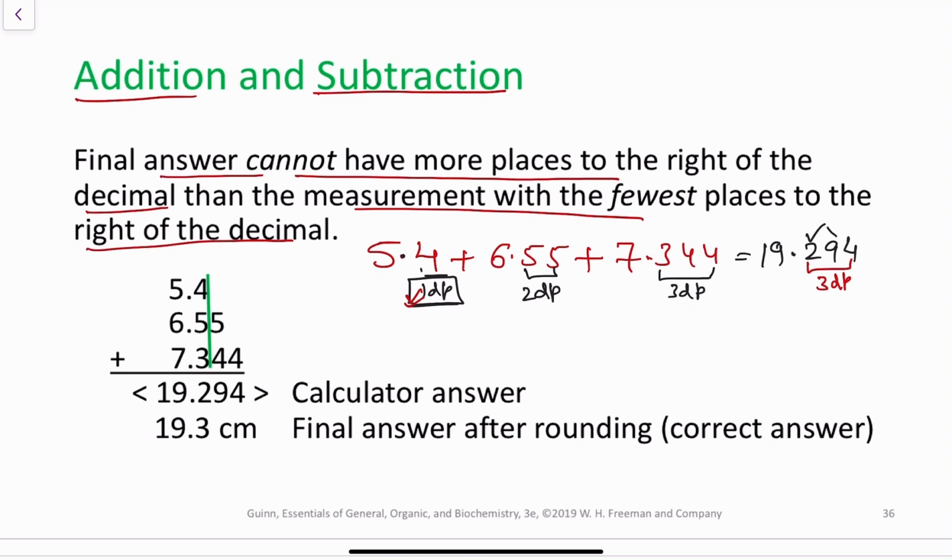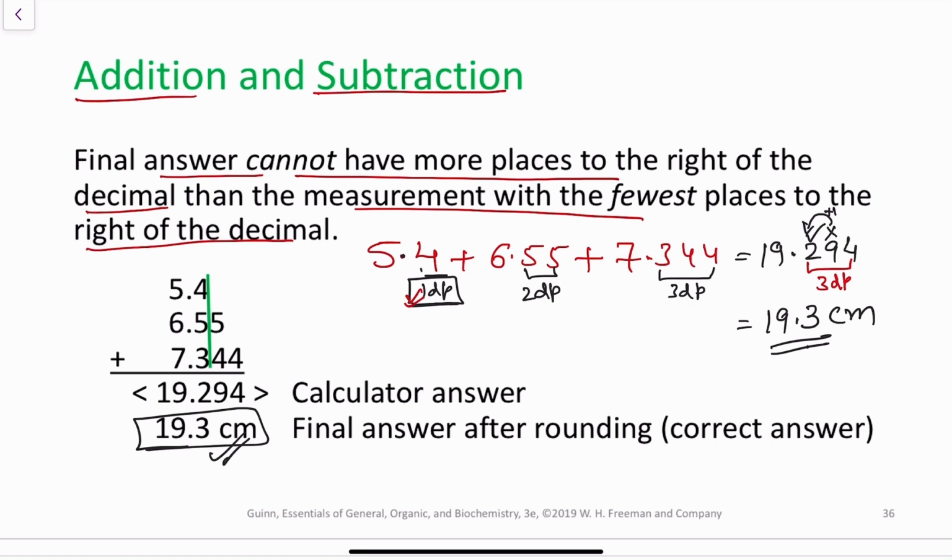You don't need the second one, and the rest of it. So if we have to write 19 point, we don't want the fourth one, which is more than 5, 5 or more than 5. That means the previous number will get increased by 1. So you will get 19.3 centimeter, through the rules of round off.